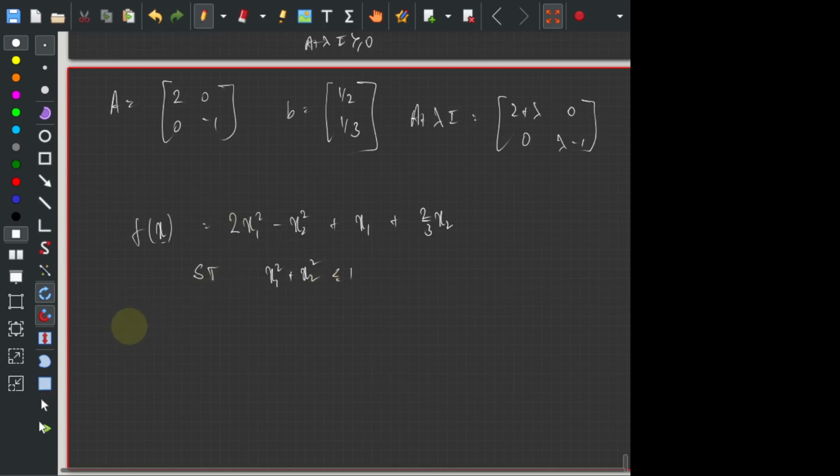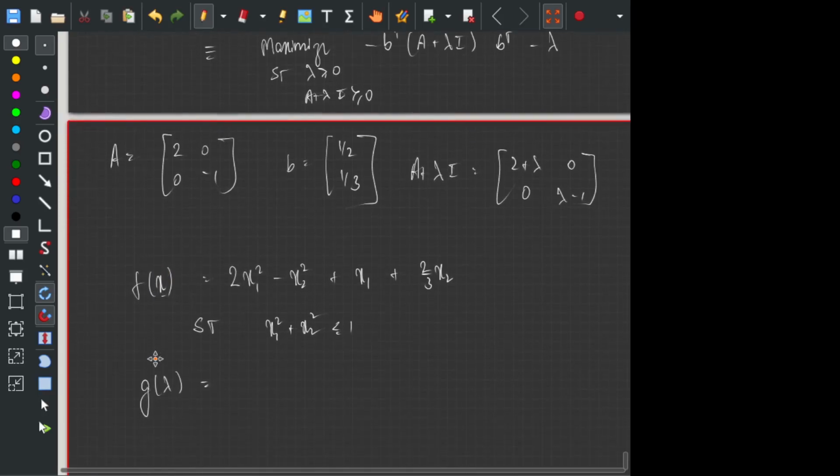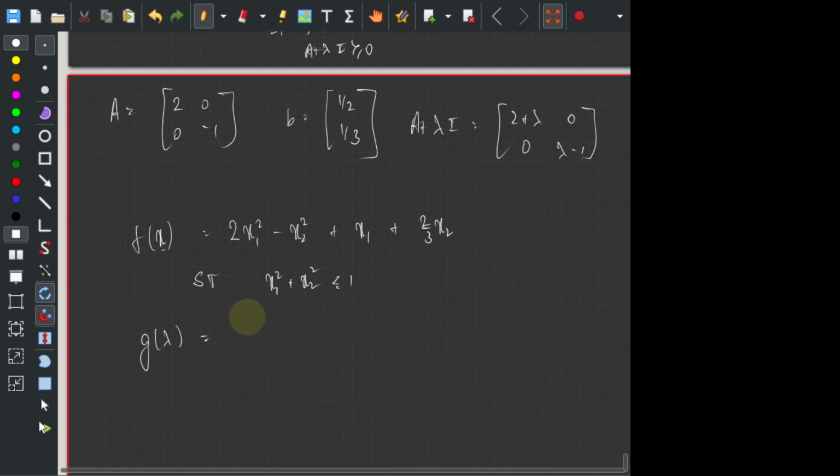Let's find the dual. What is g of lambda? Is it possible to have an equal to constraint? Is strong duality satisfied with the equality constraint also?